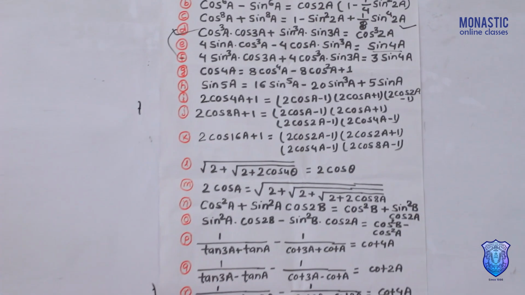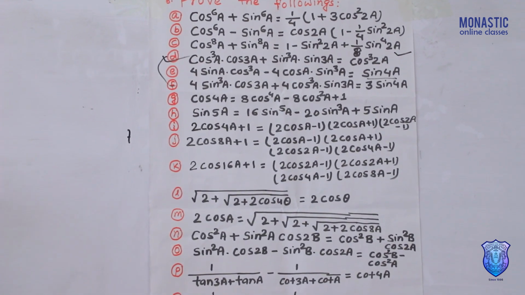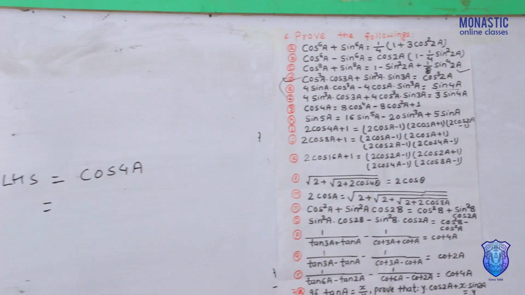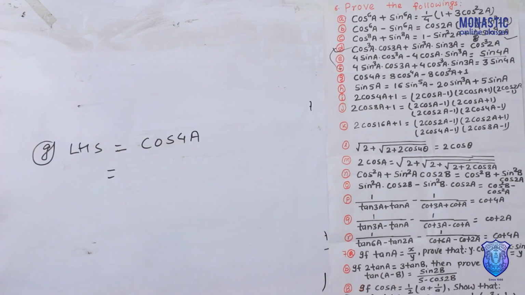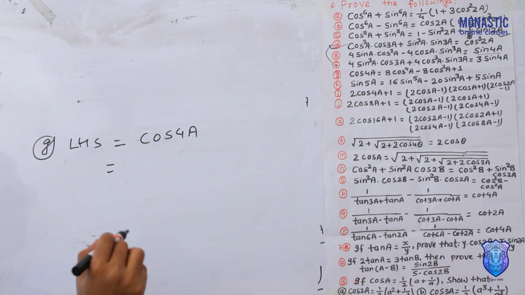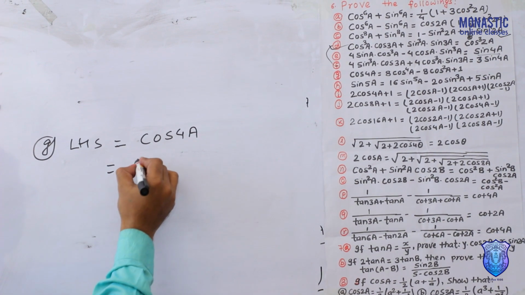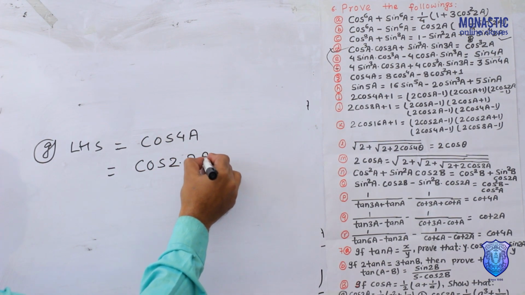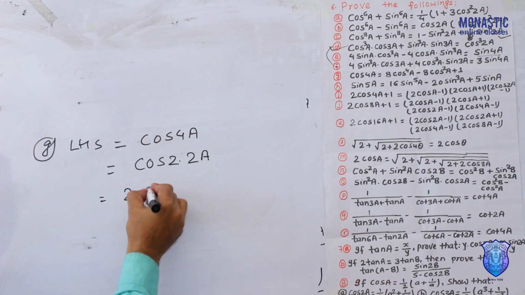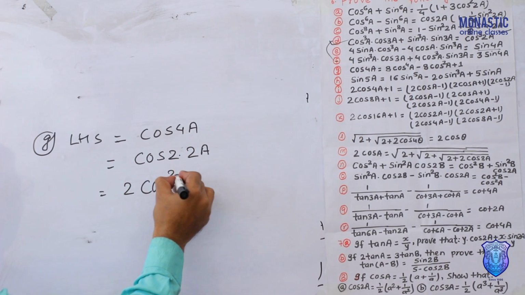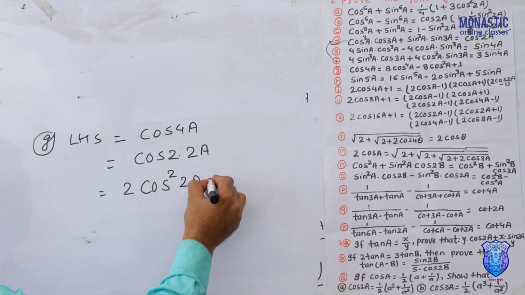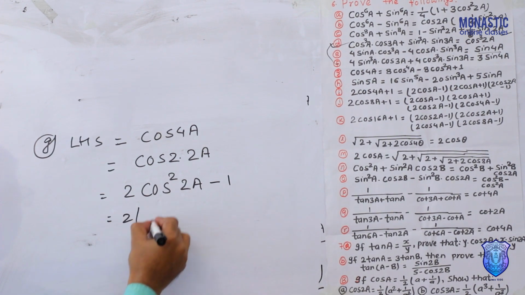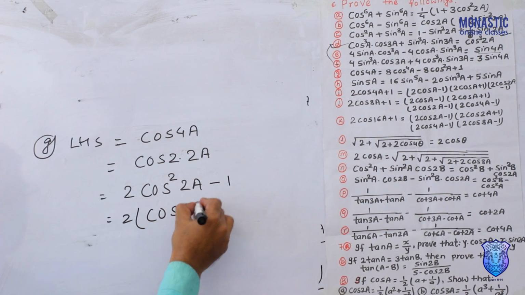In question number G, here is cos 4a. We want the result in cos a, but here is 4a. So first of all, we can convert 4a into 2a. We have the formula 2 cos square 2a minus 1. We can write this as cos 2a whole square.